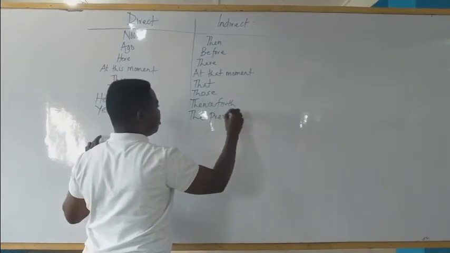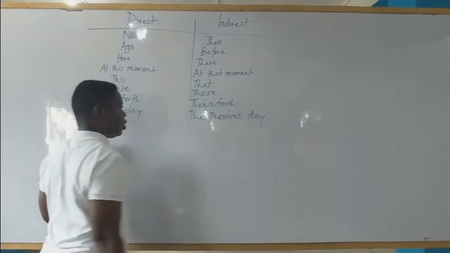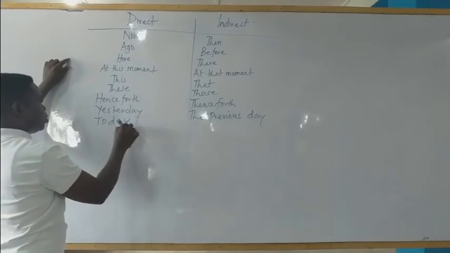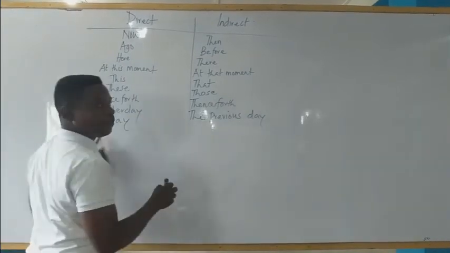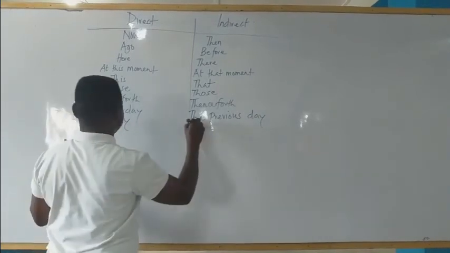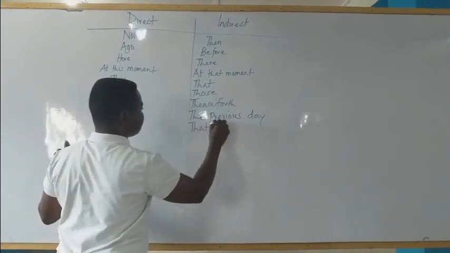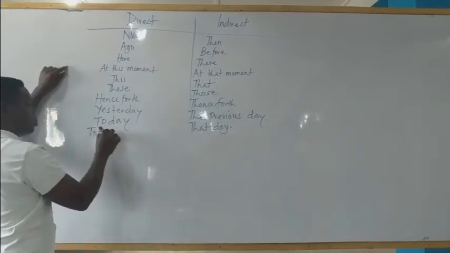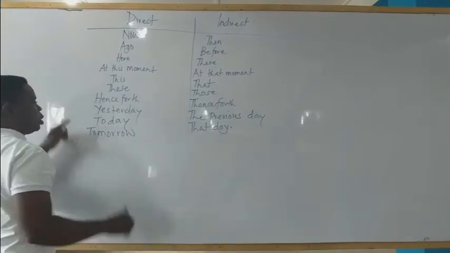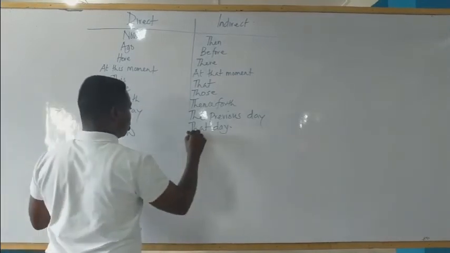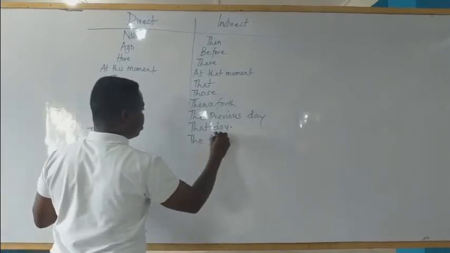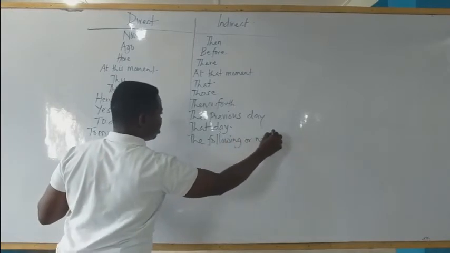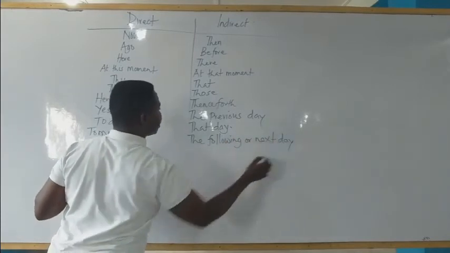If you have "today" in direct speech, by the time you report it, it becomes what? That day. If you have "tomorrow" in direct, it becomes what? The following day, or the next day.